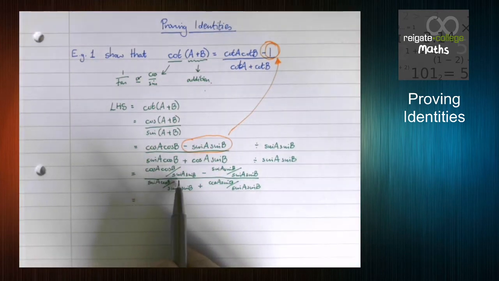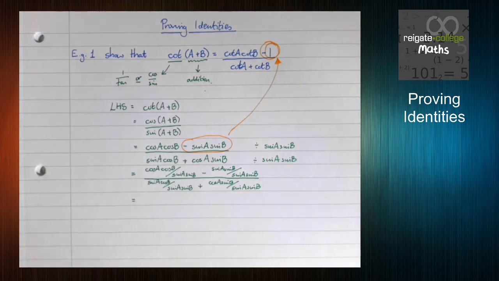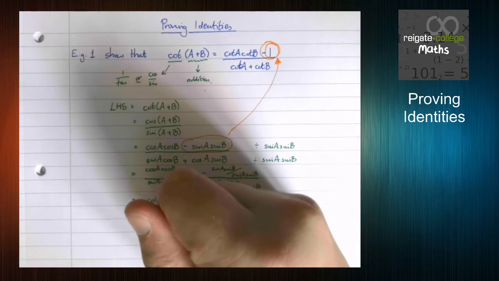So cos A over sine A times cos B over sine B, which is what this can also be written as, is going to be cot A cot B.